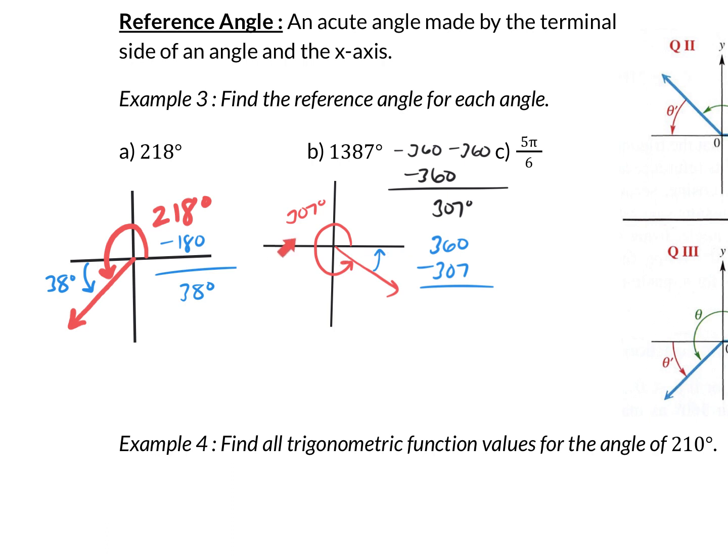So I did 180 over here because it was just past the 180 degrees, right? But if I want to figure out what's going to make this a full circle, that's a full 360 degrees. I'm going to subtract. Well, I can't just subtract what that is, so I have to subtract the rest of it that I know. So this angle right here is 53 degrees.